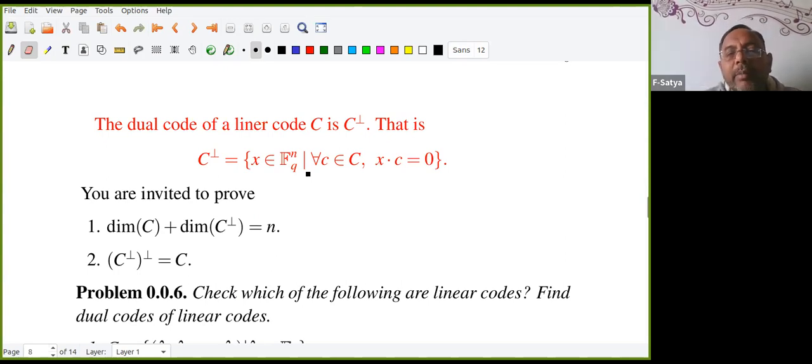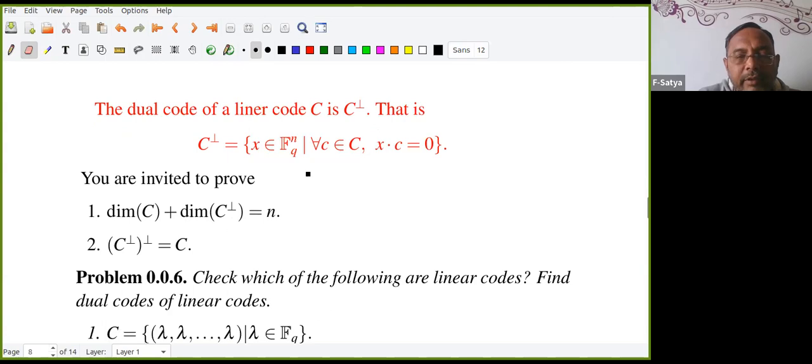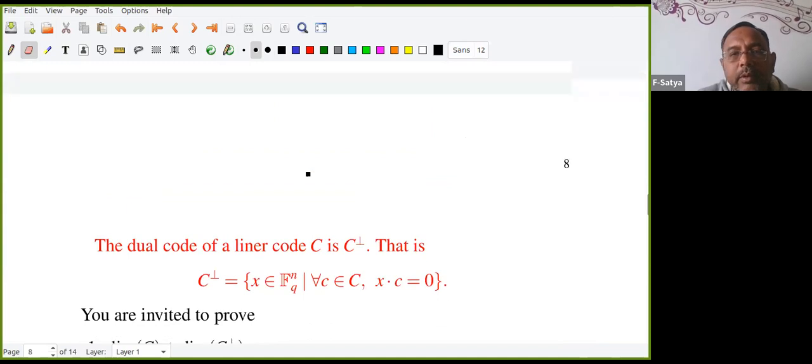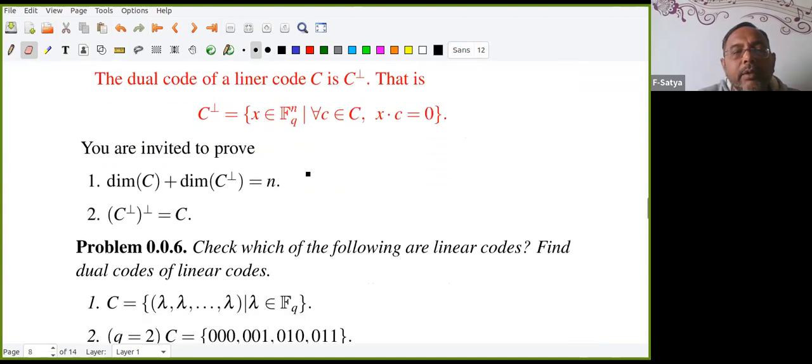It is actually the orthogonal complement of C. Check this one. Go through it and let me know any doubts or questions on the definition. Is the definition clear?